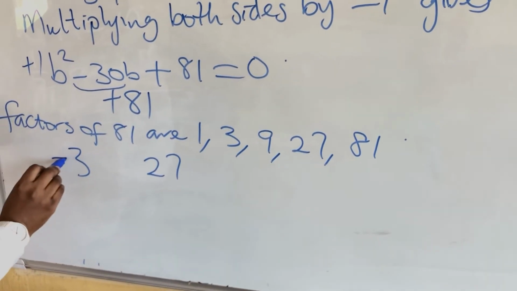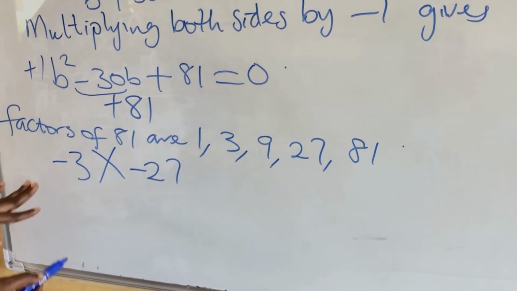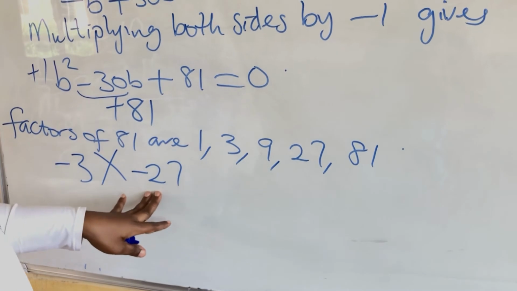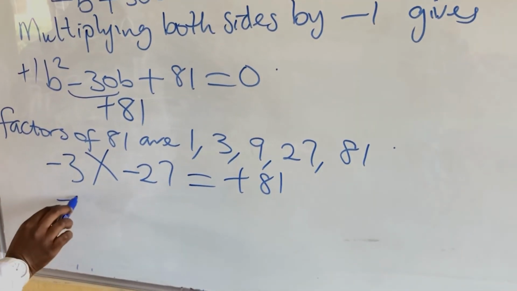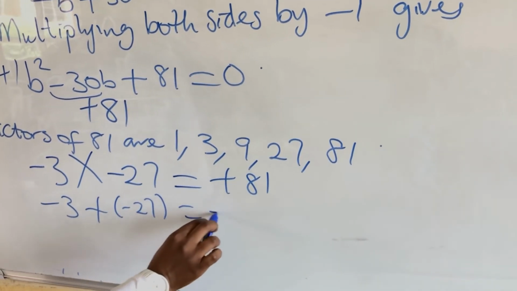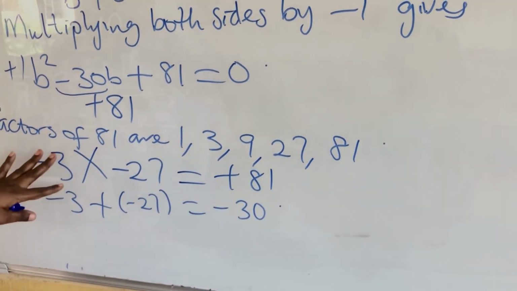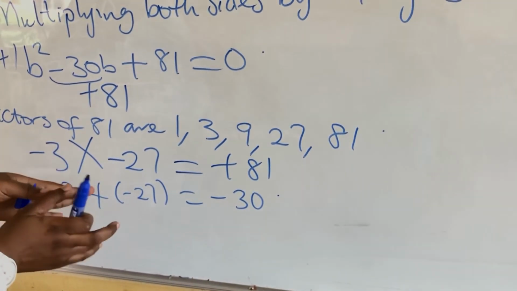So minus 3 and minus 27, if you multiply them together, minus 3 multiplied by minus 27 gives plus 81. Minus 3 plus minus 27 gives minus 30. So the factors that we need are minus 3 and minus 27.